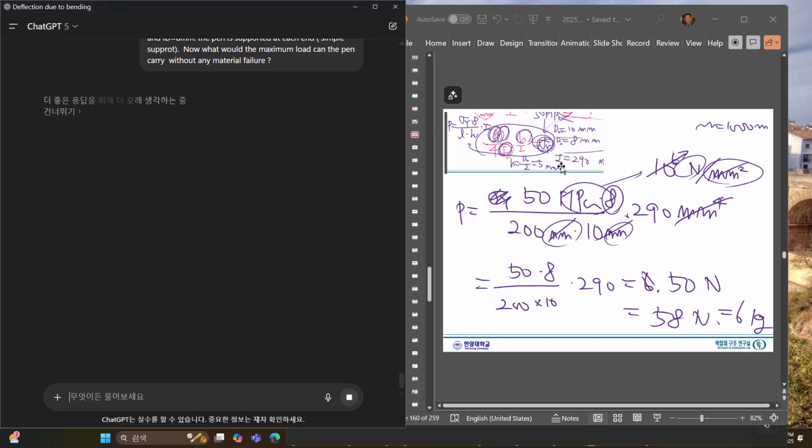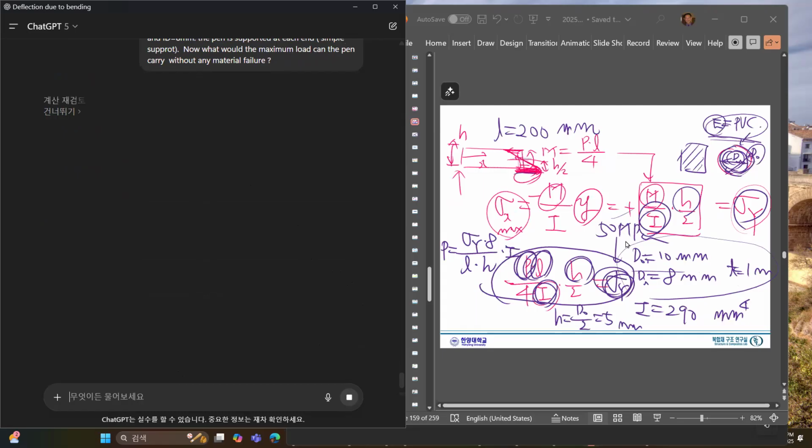See, this is what we went through: some beam theory and the reaction force and cross section. This is a very difficult procedure, by the way.